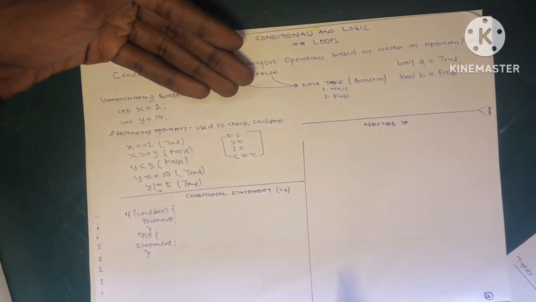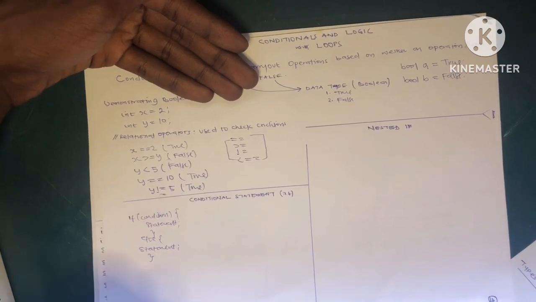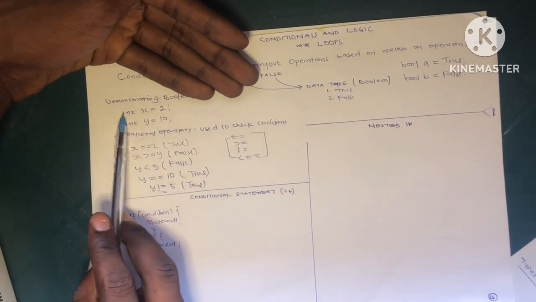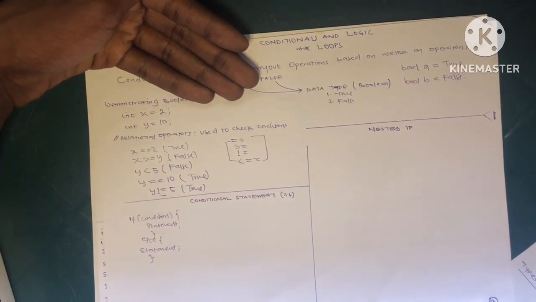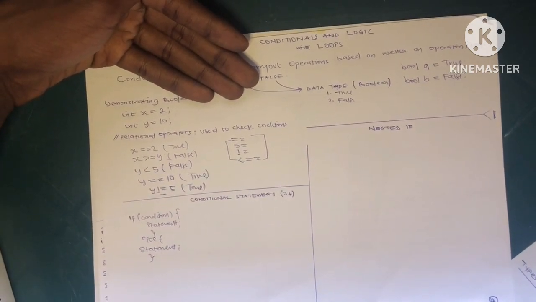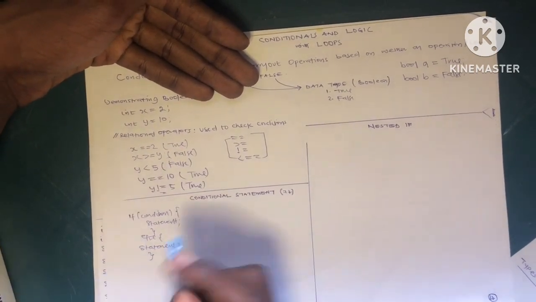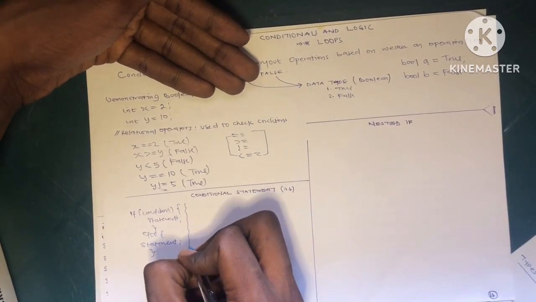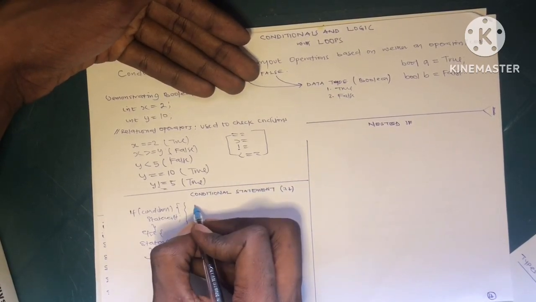Okay, now which program are we going to write? Don't forget we have declared integer x equal to 2 and integer y equal to 10, right? Now let's use an if statement to describe relational operators. Let's say I want to write a program.